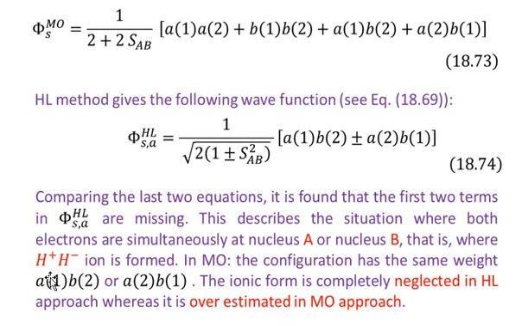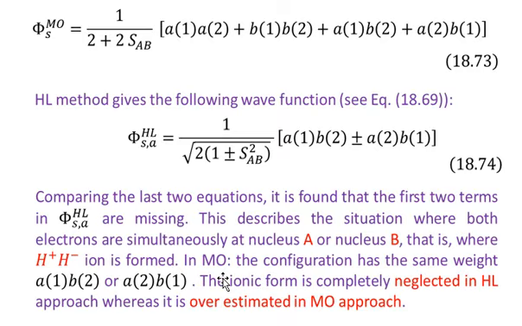The product of these two functions depicts the condition that both electrons are either with the nucleus A or with the nucleus B. So only the order will change when they are associated with the nucleus B. So you have the product of two singly ionized, one positively ionized, the other negatively ionized. The product of these two ions actually means that the two electrons are either with the nucleus A or with the nucleus B. And you know that this is not a condition shown by the Heitler and London method.